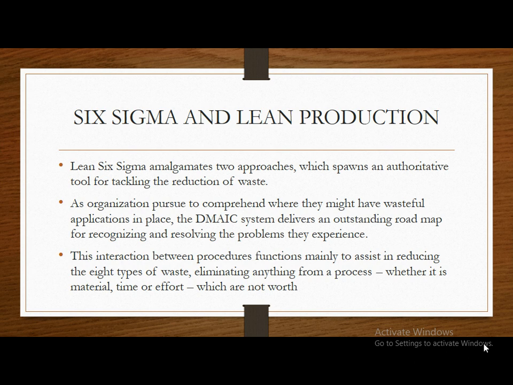This interaction between procedures functions mainly to assist in reducing eight types of waste, eliminating anything from a process, whether it is material, time, or effort, which is not worth it.